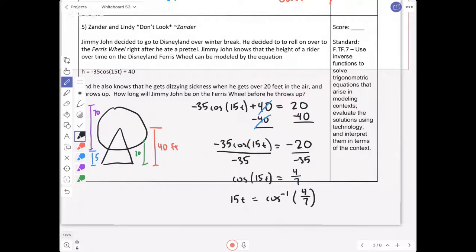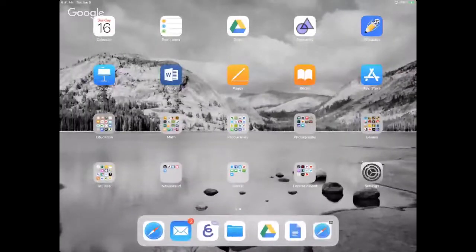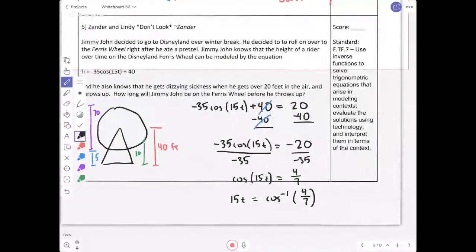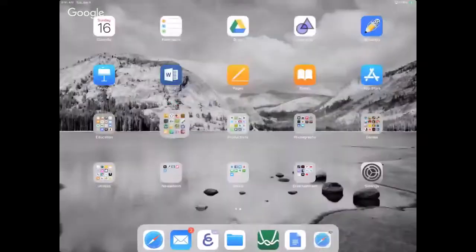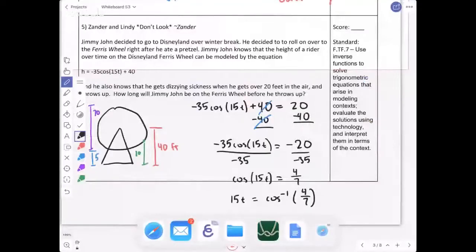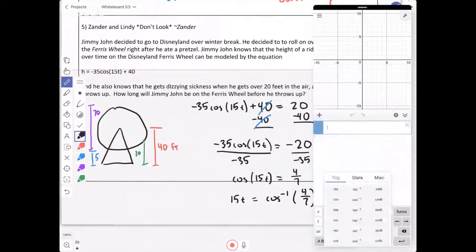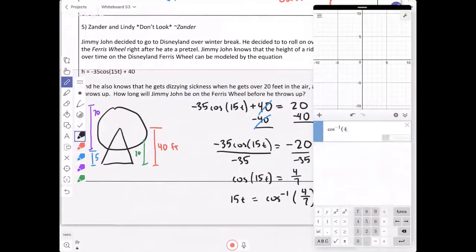And I don't know that by heart, so Desmos. Inverse cosine of 4/7. So we've got 0.96.